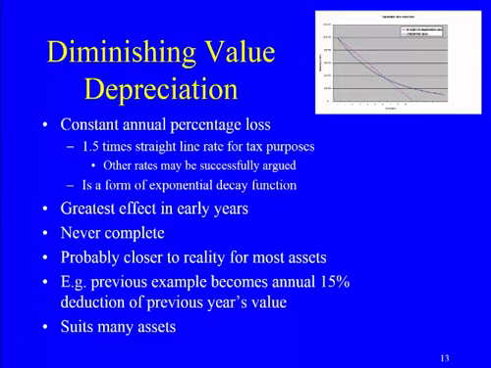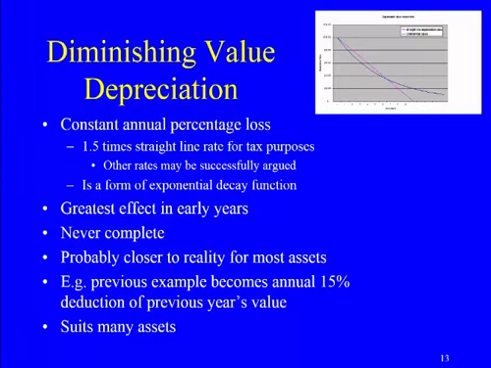In other words, it will continue as a positive number. Diminishing value depreciation is actually a form of exponential decay, and perceptive students will notice that the mathematics for diminishing value depreciation is very closely related to the discounting formula that is used quite widely in finance.